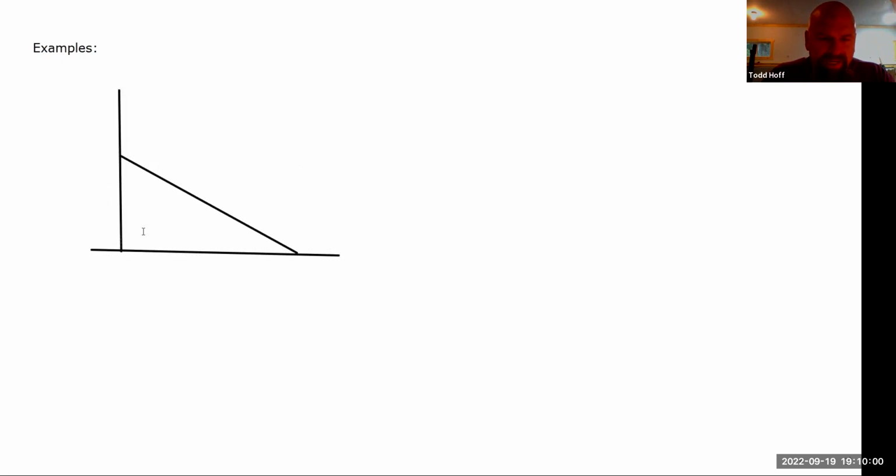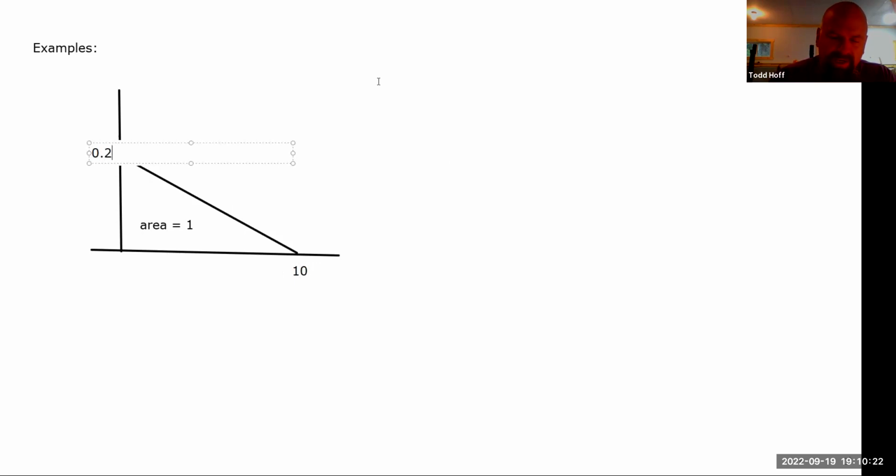So the area of this triangle has to equal 1. So if I tell you that this top value here is 10, that would mean that this height here has to be 0.2.